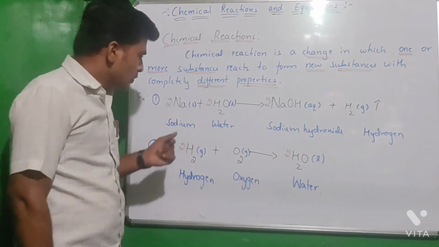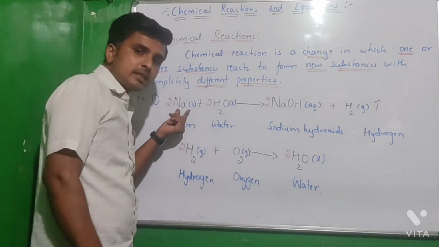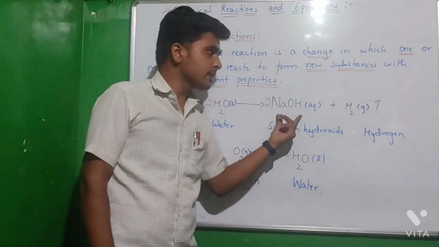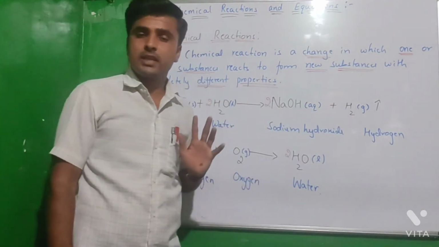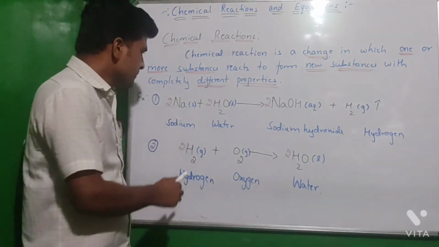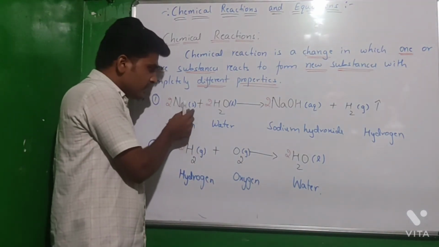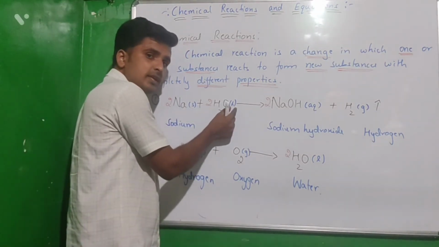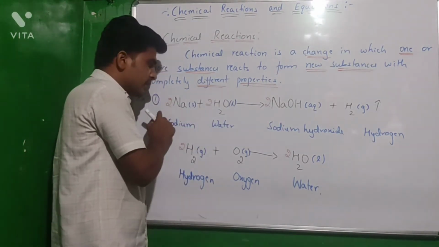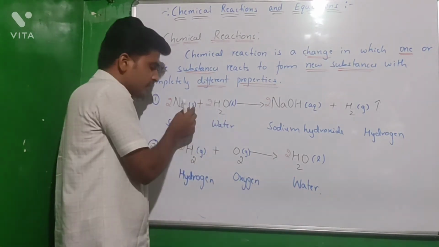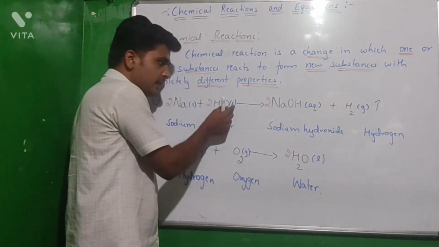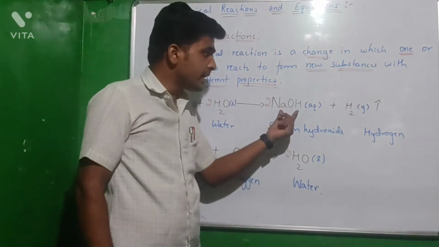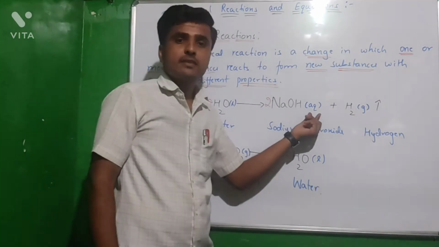When sodium reacts with water, there is a formation of sodium hydroxide and it liberates hydrogen gas. Here sodium is in the solid state and water is in the liquid state. These are the reactants. But sodium hydroxide is in the aqueous state.